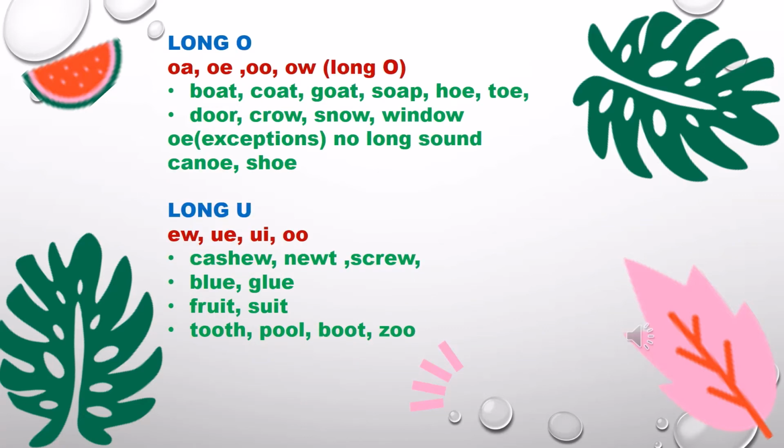Long O sound. Long O sound examples are boat, coat, goat, soap, crow, snow, window. Some exceptions are shoe and many more. Long U like cashew, screw, blue, glue, fruit, suit, tooth, pool, boot, and zoo.